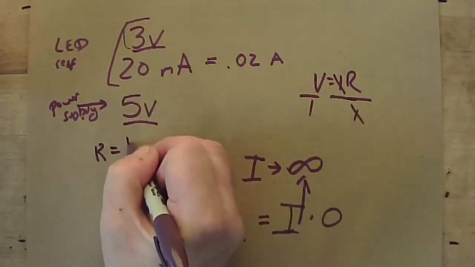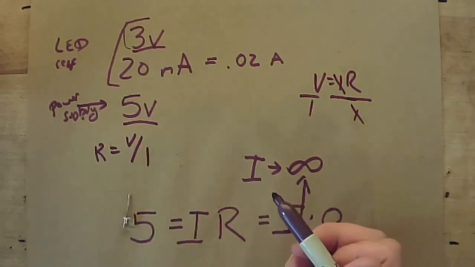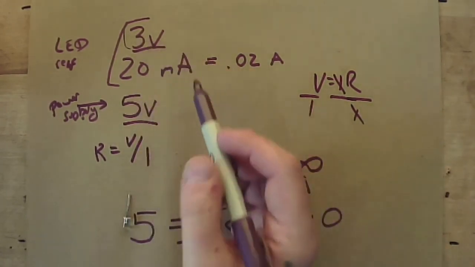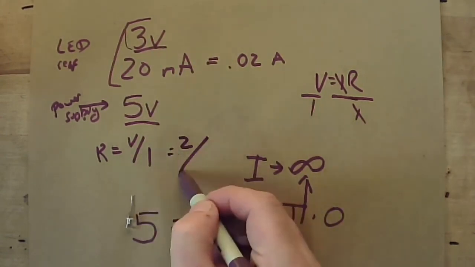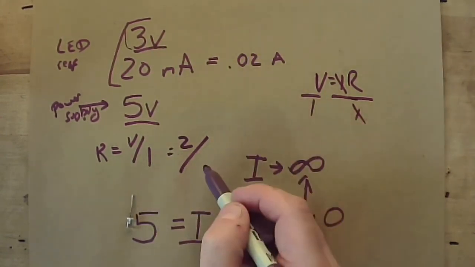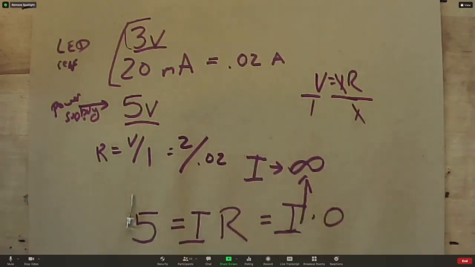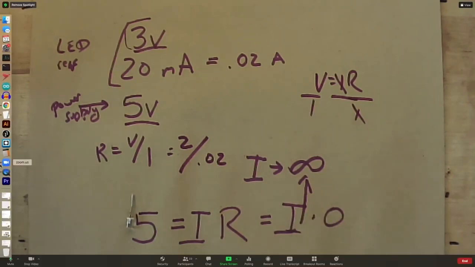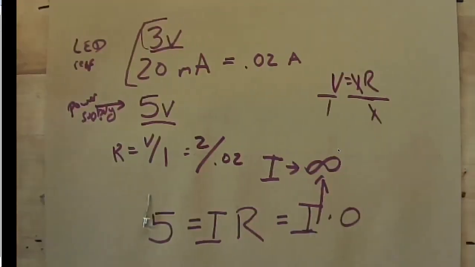R equals V divided by I. So if I have 2 volts that I need to use up, 2 for my volts, divided by my current, 0.02, and I'm going to pull up the old calculator. 2 divided by 0.02 equals 100.